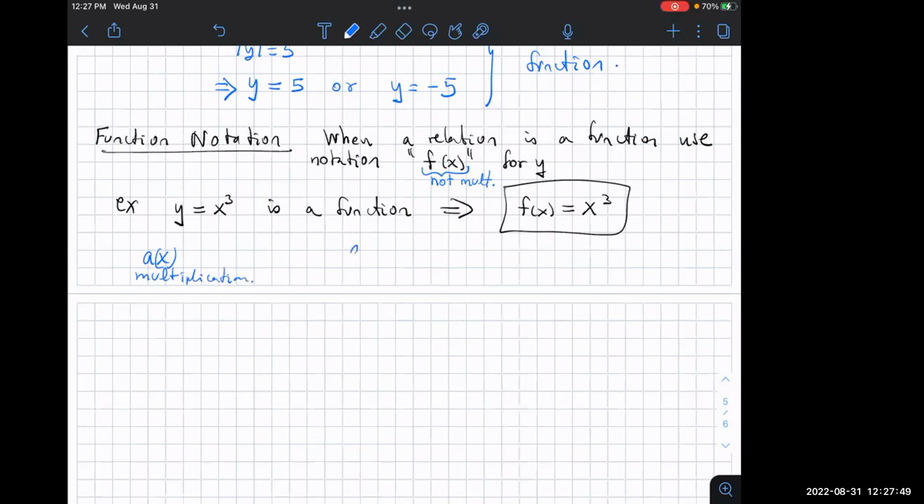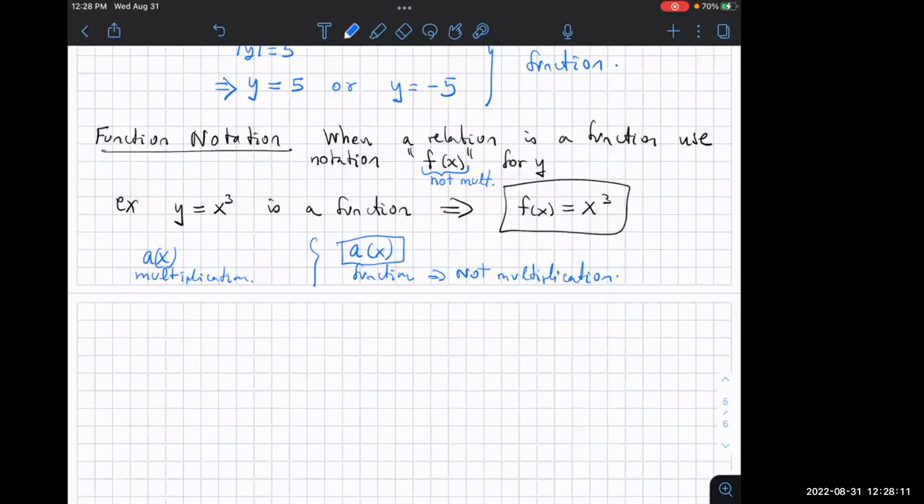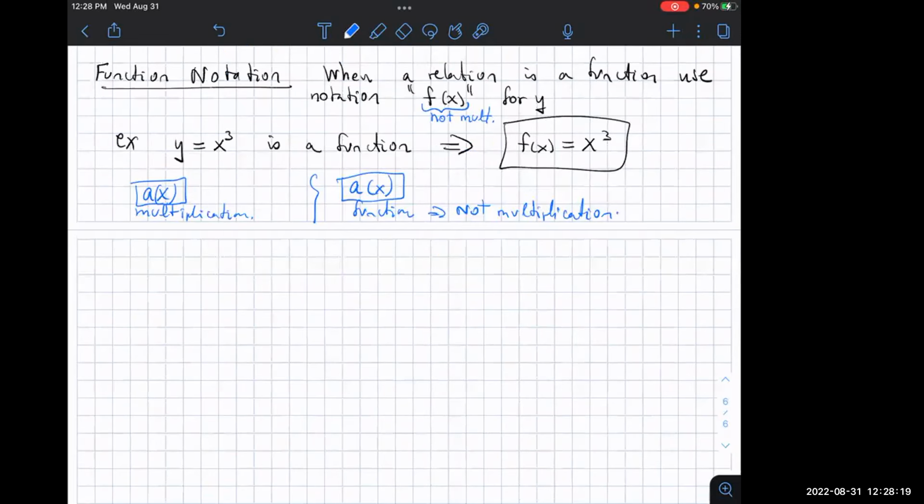But you can also have ax as a function, and then it's not a multiplication. Sometimes if you're confused, you can just ask me whether we're thinking of ax as a function or as a multiplication. But usually the context tells you which we're talking about.